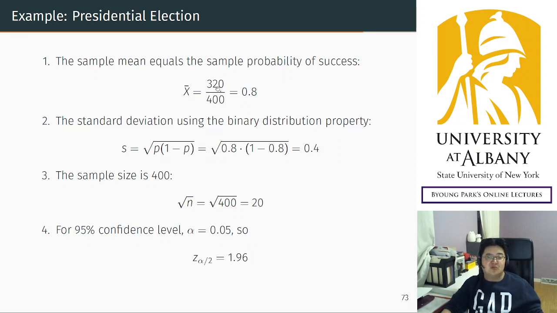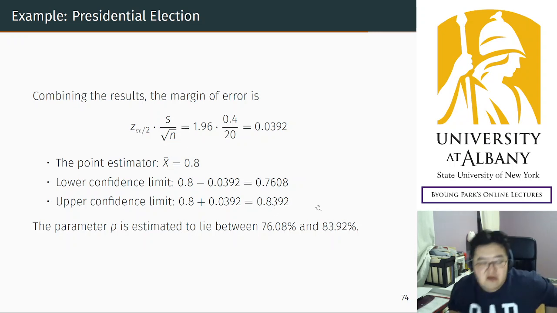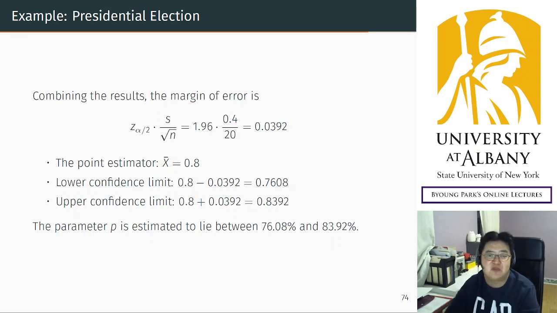And then, given those numbers, we are good. You can just calculate the marginal error. We learned it's 1.96, standard deviation 0.4, square root of n is 20. Just plug in and calculate. And then the point estimator was 0.8. So from this, add and subtract the marginal error. You get this. This is how you obtain the confidence interval for 95%.